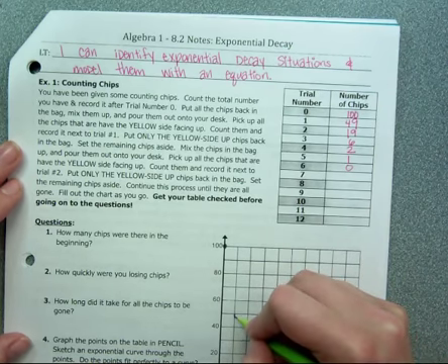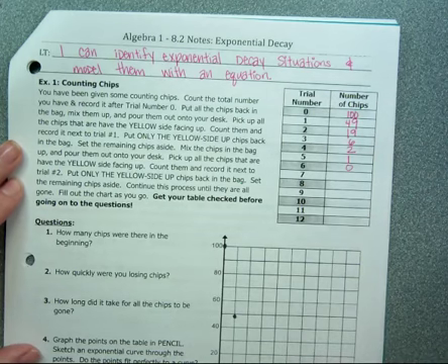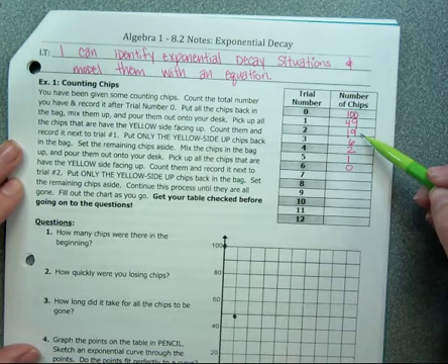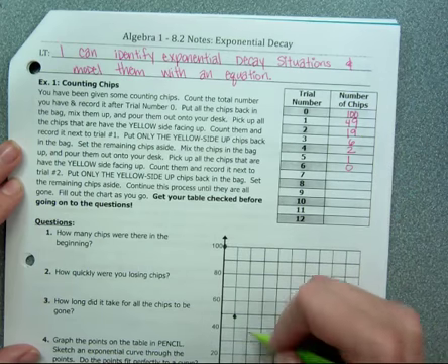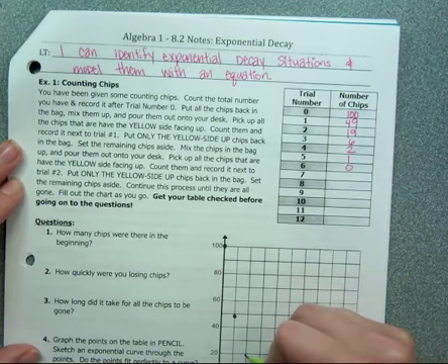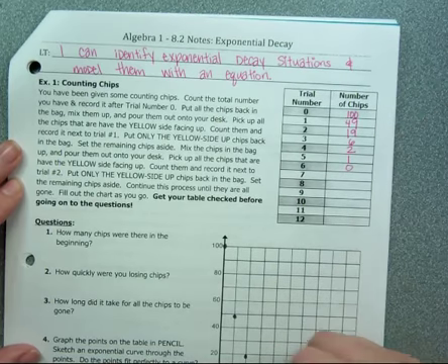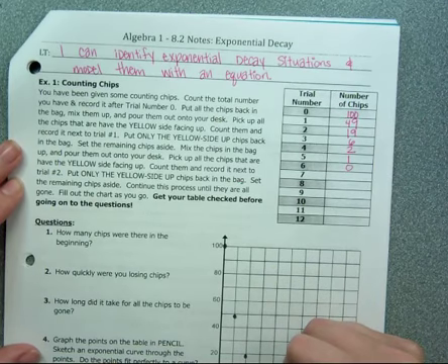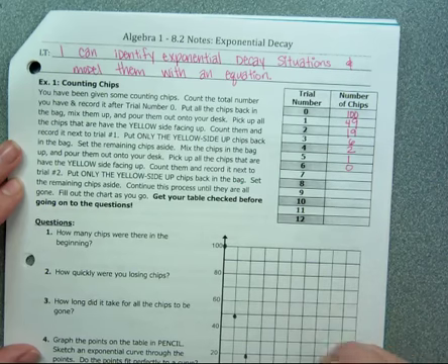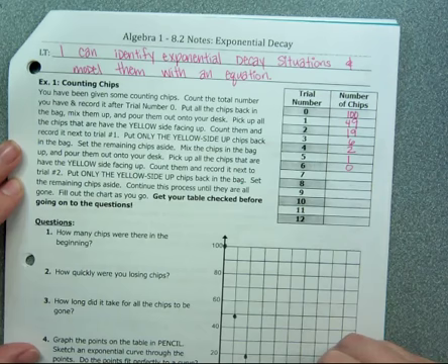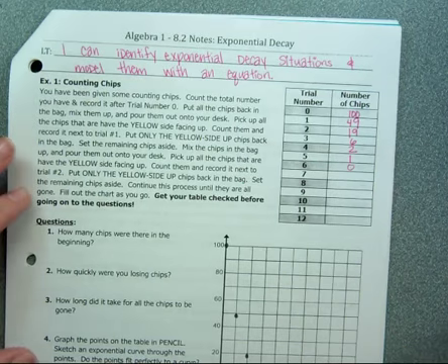So that's just less than 50. 2, 19. So I'm going to go 2, just less than 20. 3, 6. 4, 2. 5, 1. Alright.